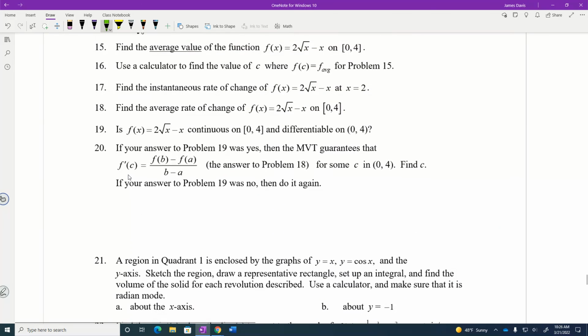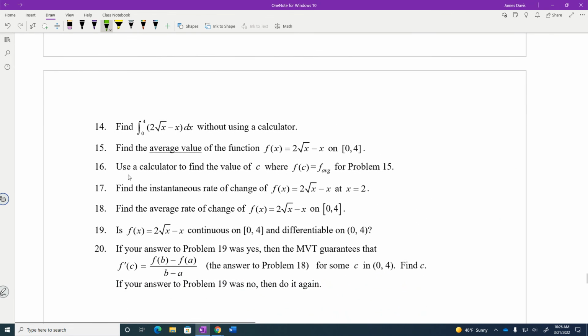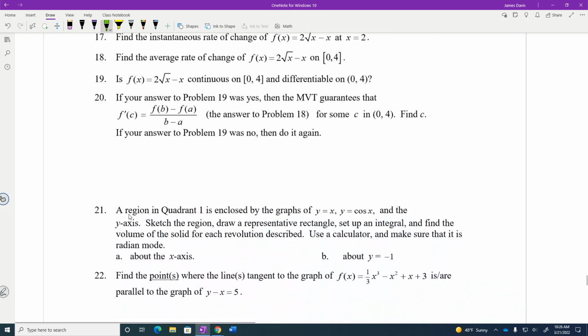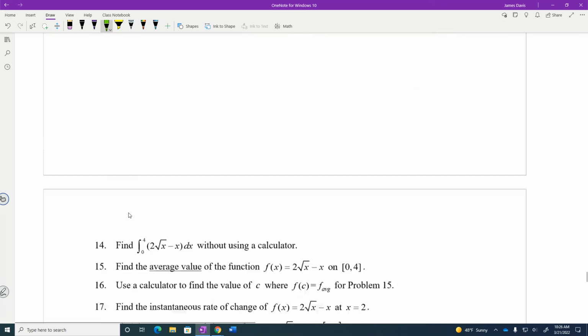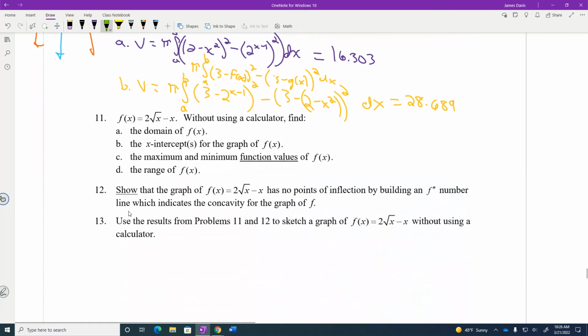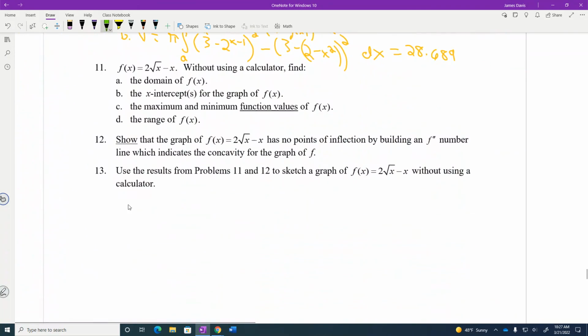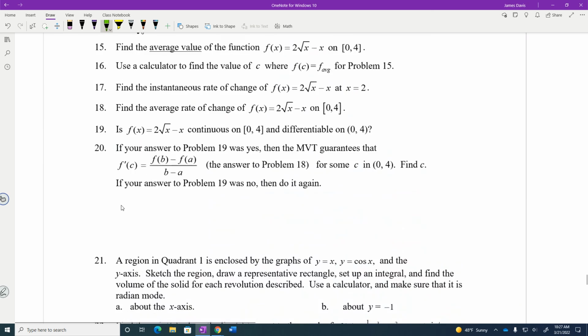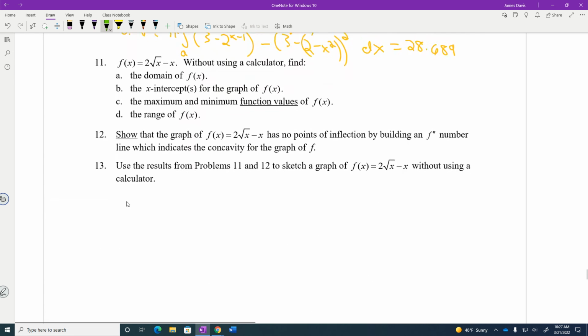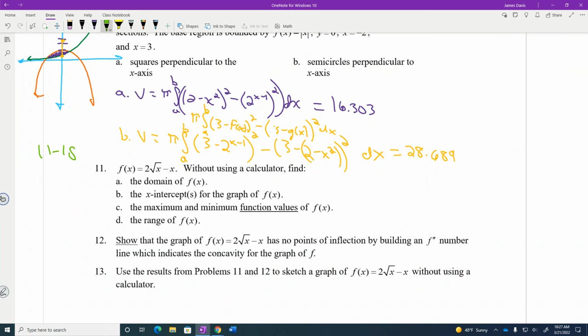So let's do like 11 through, I think in 8.4 we did up to 10, right? Yeah. So let's do like 11 through, say, 18. So 11 through 18, and that's page 202, right? Yeah. It's page 202.